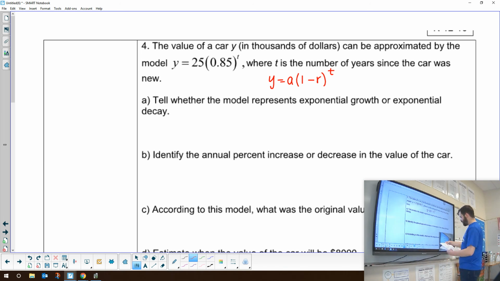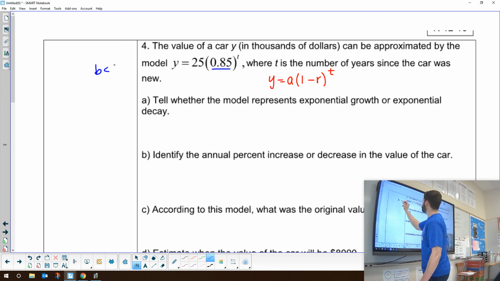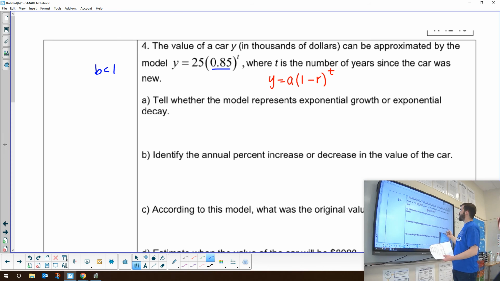And the reason I wrote minus R is because I can see right here that this is less than 1. And so it's going to be decreasing. So the value is going to go down over time, which makes sense because we're talking about the value of a car over time. And unless this car becomes a classic, the value is going to be going down. Okay? So we get Y equals A times 1 minus R to the power of t.